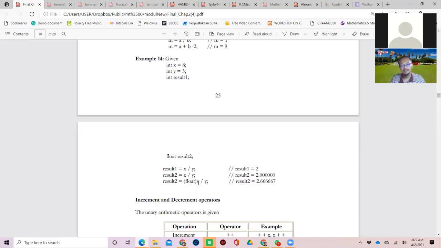Now, x is an integer, since x was originally declared as an integer.